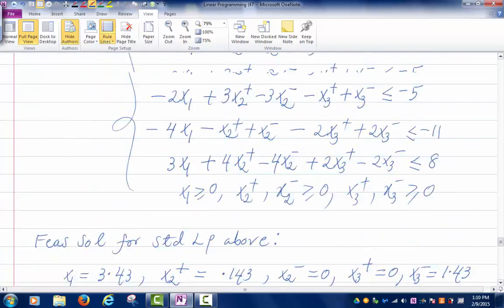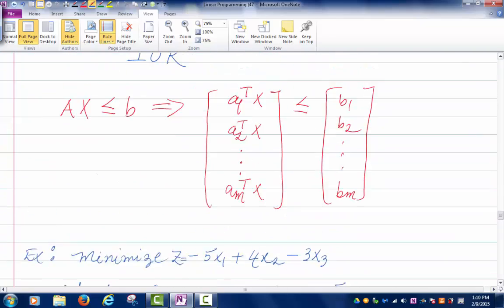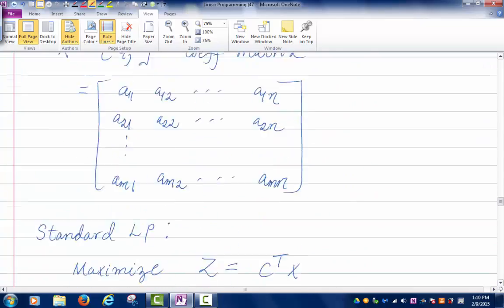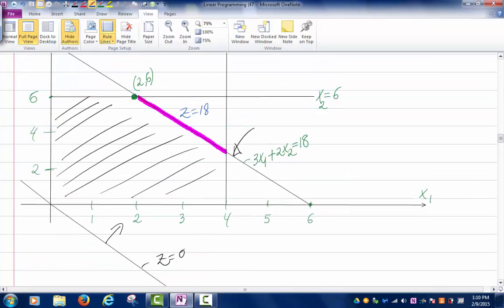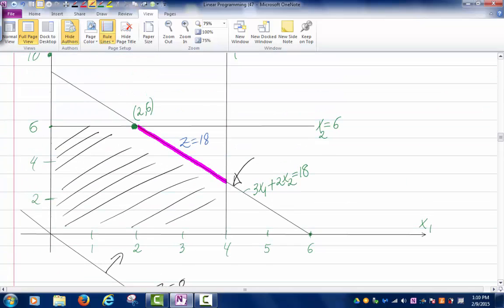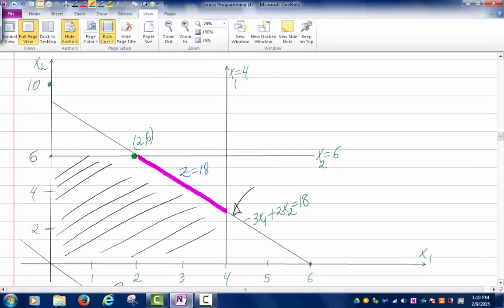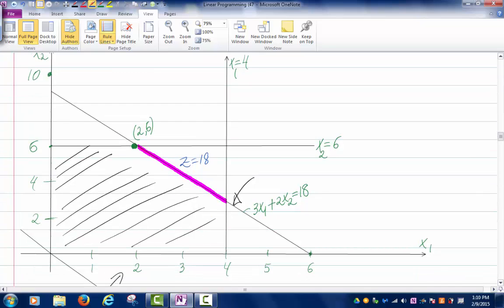And let me explain this by using the same example we used at the beginning. Remember, this was this feasible region that I have. What was the objective function here?